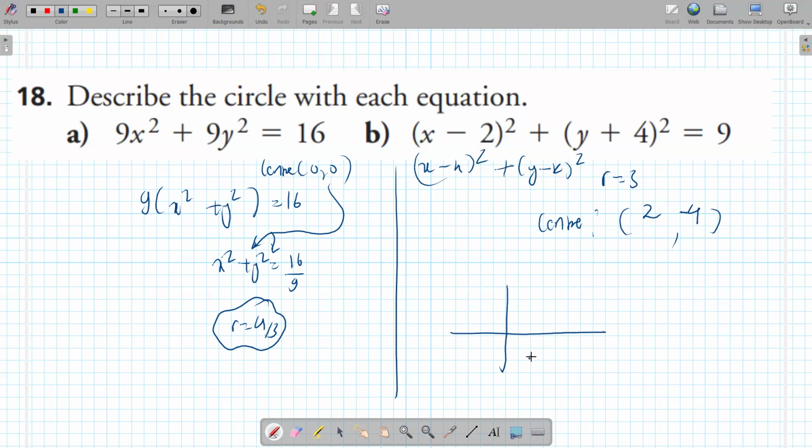This is our circle, and it has a radius of 3 in all directions. So it'll probably look something like this. Whereas this one has its center at the origin, and its radius is 1.33, so it'll look something like this. See if that made sense. The circle doesn't always have to be in the middle. Cool?